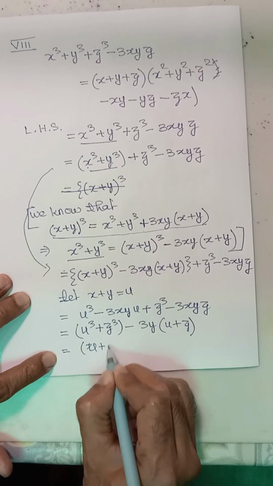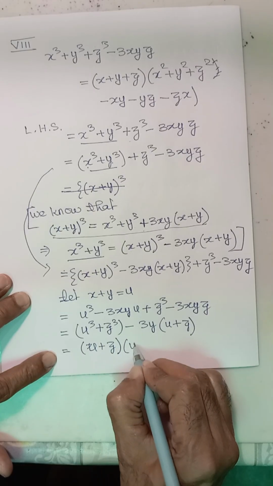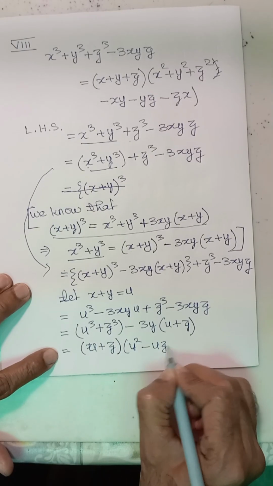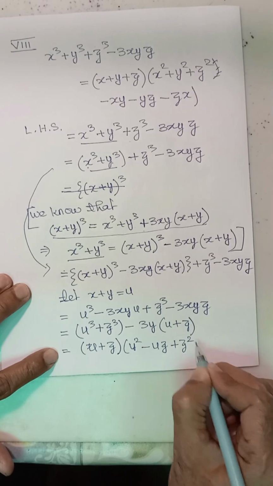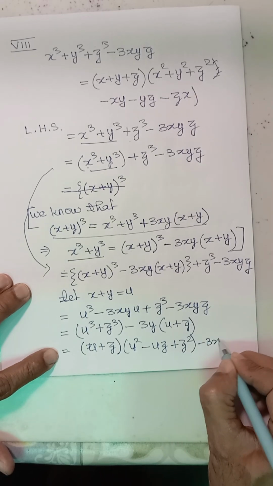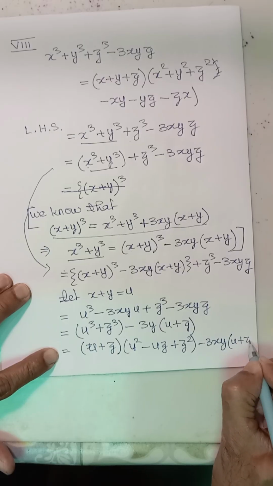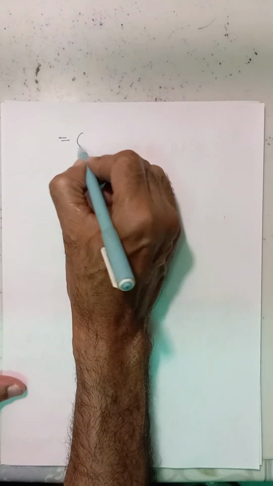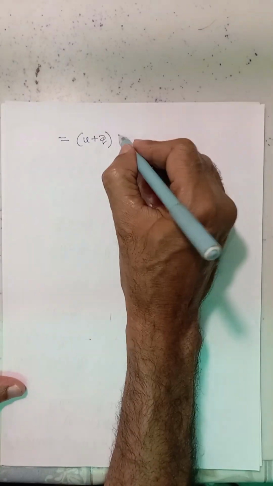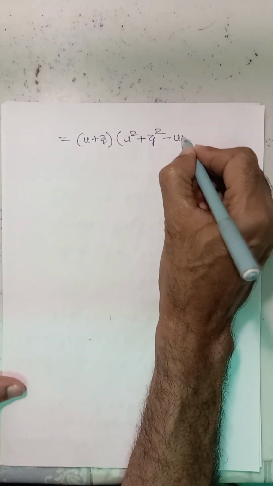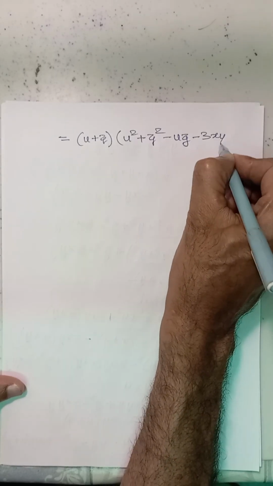This will be equal to (u + z)(u² − uz + z²) − 3xy(u + z). This will be equal to (u + z)(u² + z² − uz − 3xy).